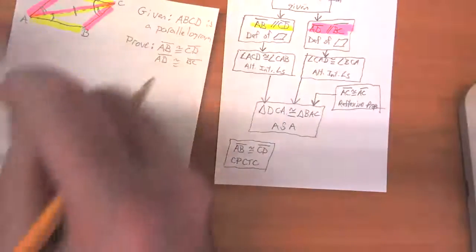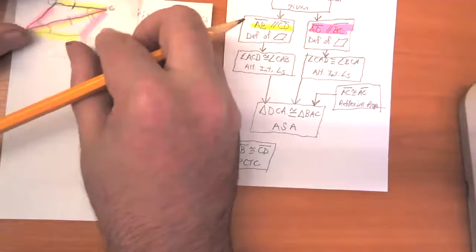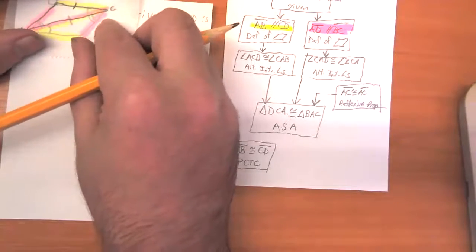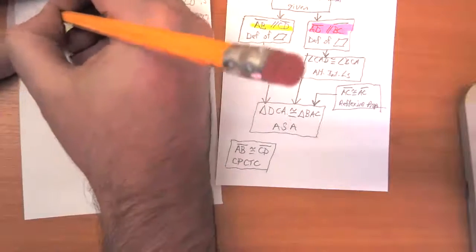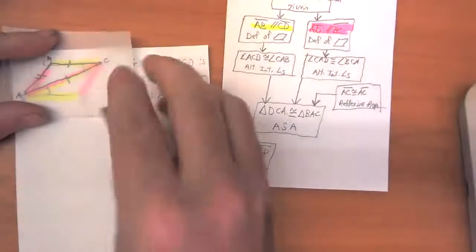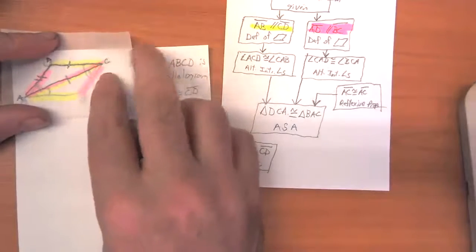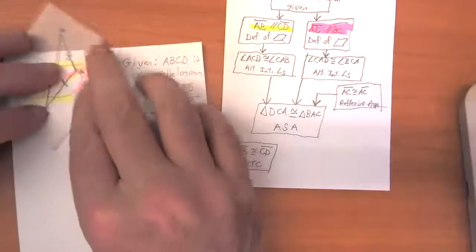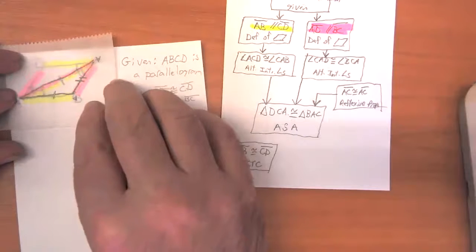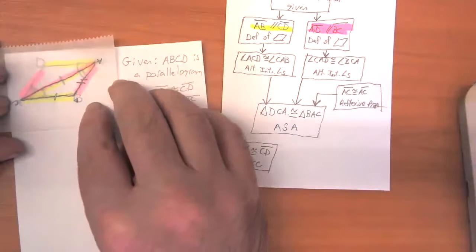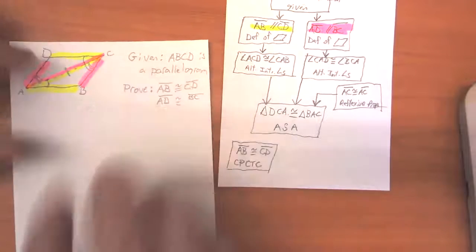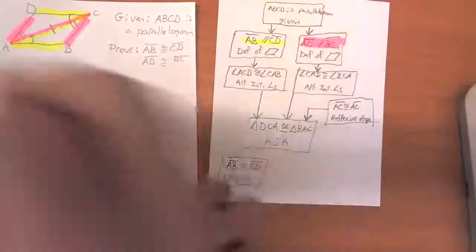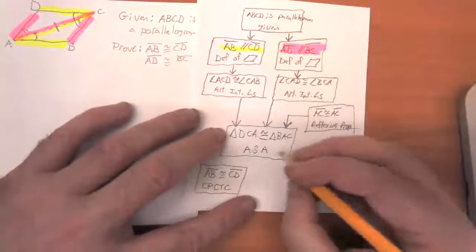And how about the other two sides? Well, AD would be that side right there. What's the corresponding part on the other triangle? On the bottom triangle, again, if we rotate that around, that lines up with BC. So AD and BC are also corresponding parts of those two congruent triangles.